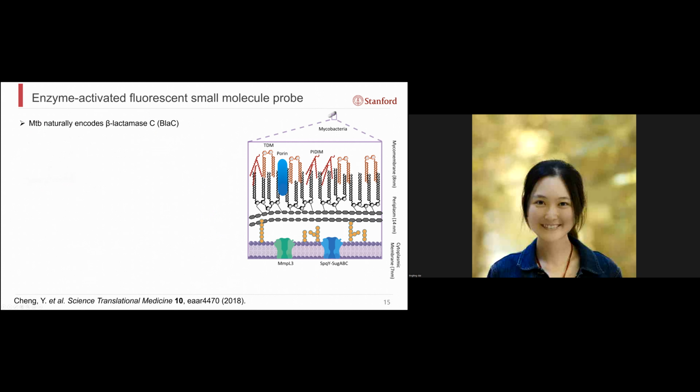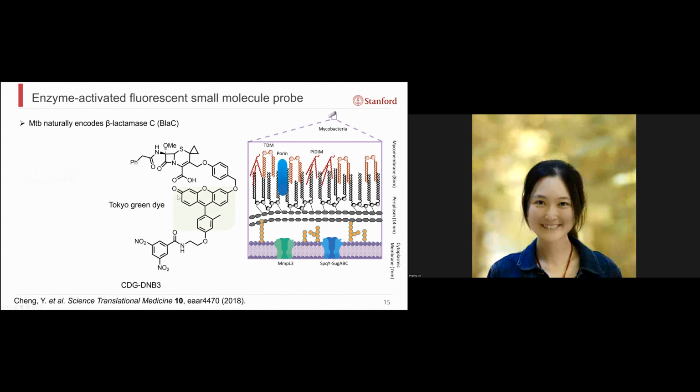In terms of Mycobacterium tuberculosis, they are naturally resistant to beta-lactam antibiotics by expressing beta-lactamase BlaC. This is a very unique type of beta-lactamase, and it has been reported that by doing some structure modification, attaching a cyclopropene group on the 2 position, and also an O-methoxy group on the 7 position of this cephalosporin ring, we could achieve a more specific labeling of the MTB.